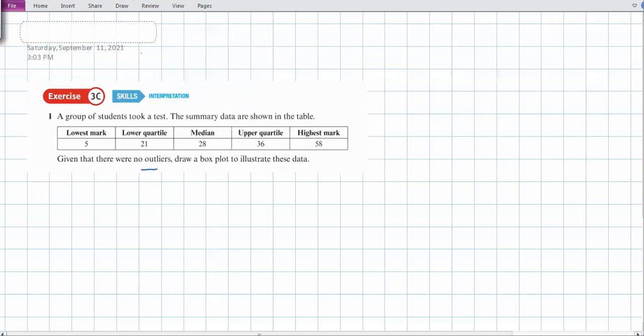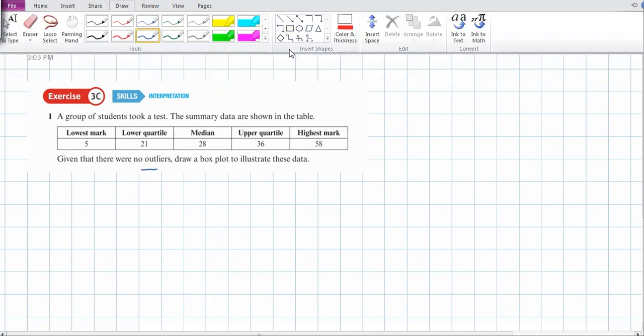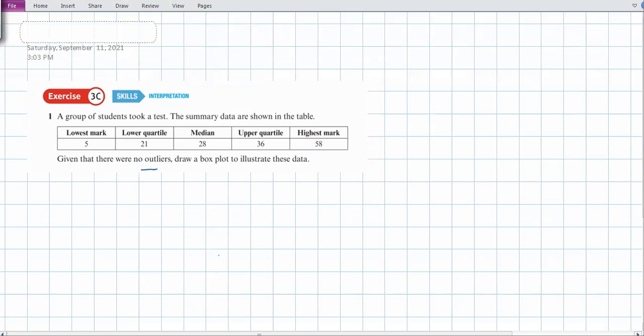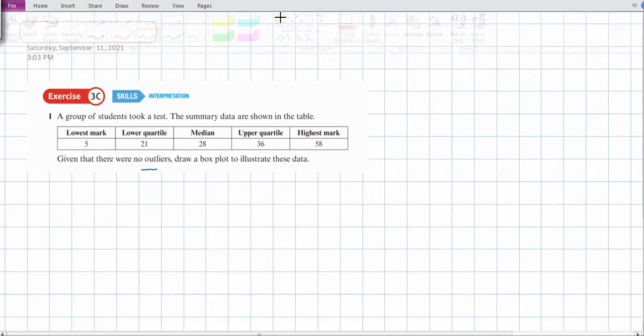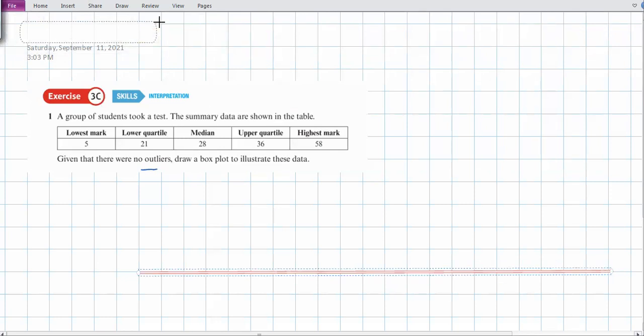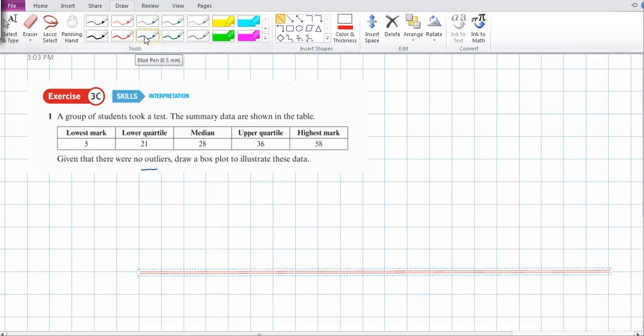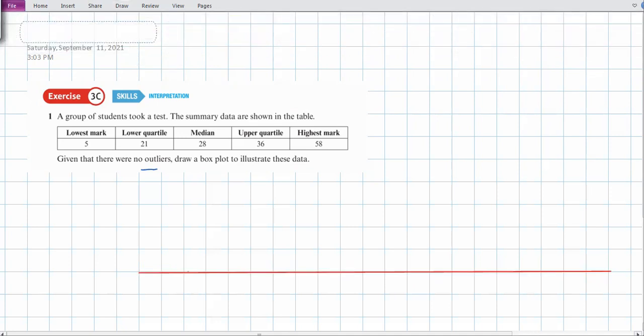For making the box plot, what you should do is make a line. And on that line, for your data, as you know, this is the lowest mark, this is the lower quartile, median, upper quartile, and this is the highest mark.